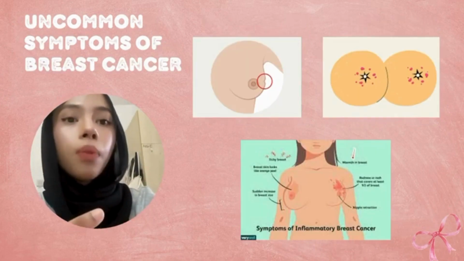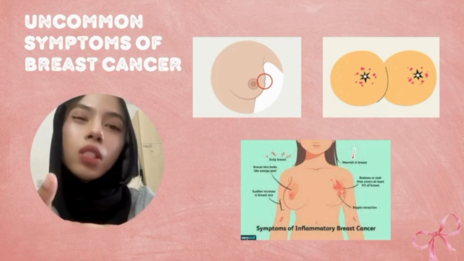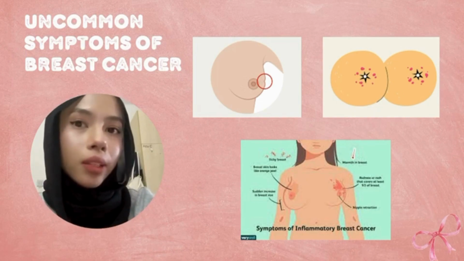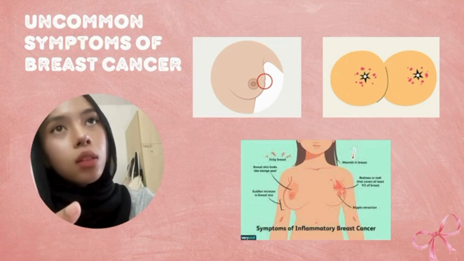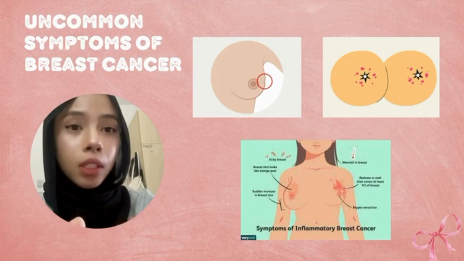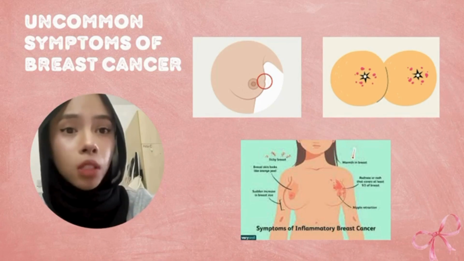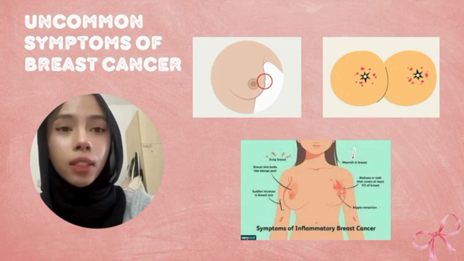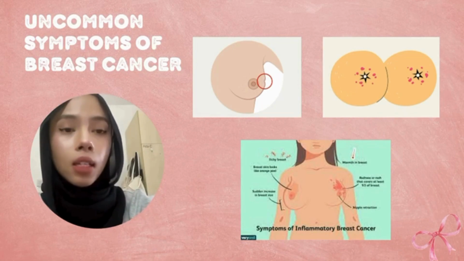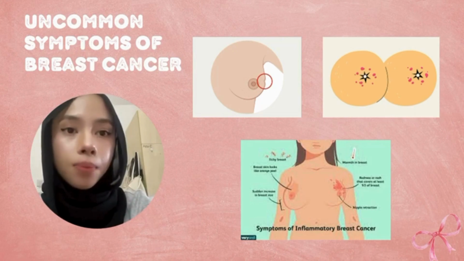And also I want to talk about how breast cancer isn't always about lumps. Like I talked about earlier, the common symptoms, it can be a rash in your breast area, and the rash is inflammatory. It is one of the uncommon symptoms of breast cancer that doesn't cause a lump.